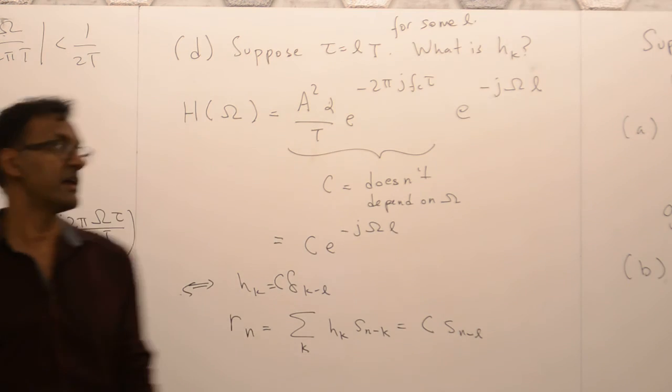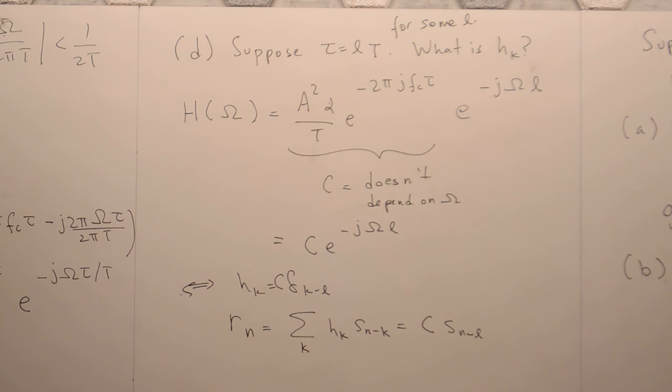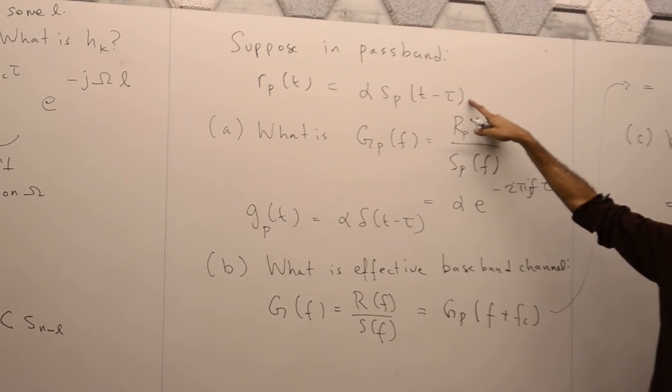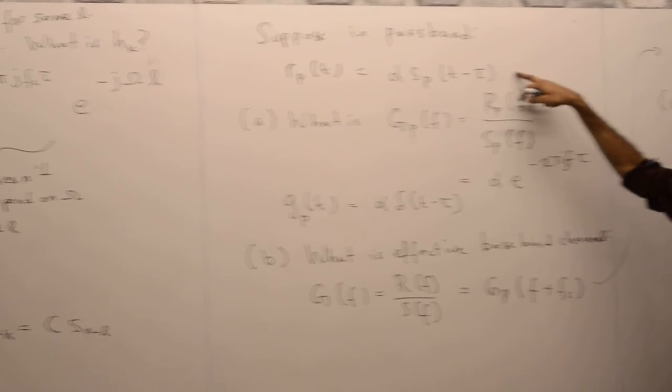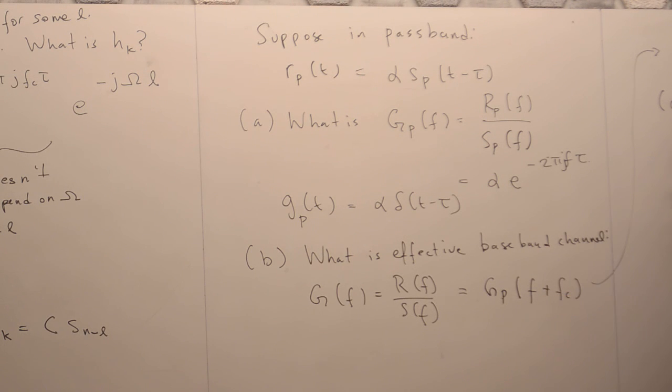So the upshot of this is, let's look at what really happened. In the passband channel, the channel was actually delaying this by L symbol periods. Interestingly, remember a delay in passband is also a delay in baseband, but with a phase rotation. But it's still the same delay.